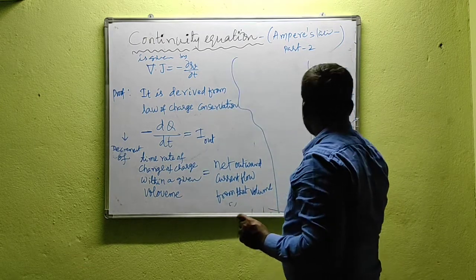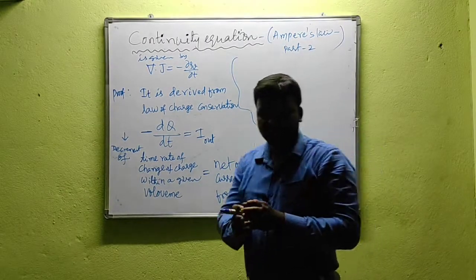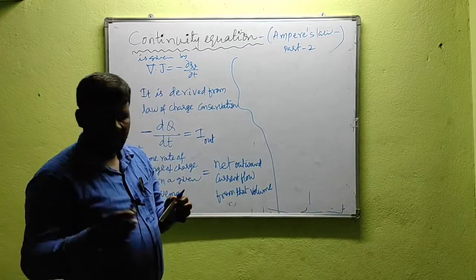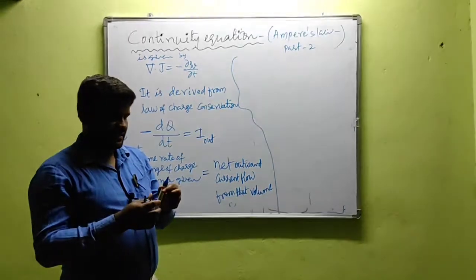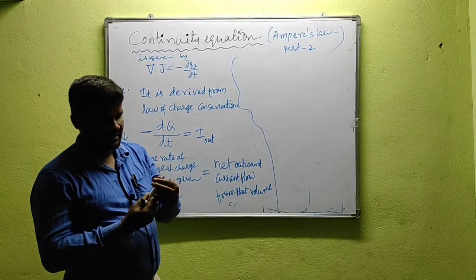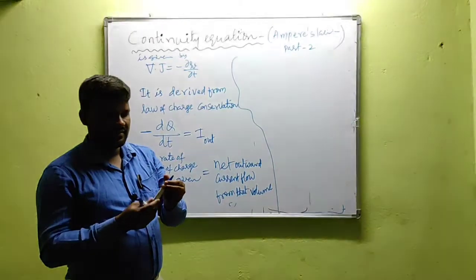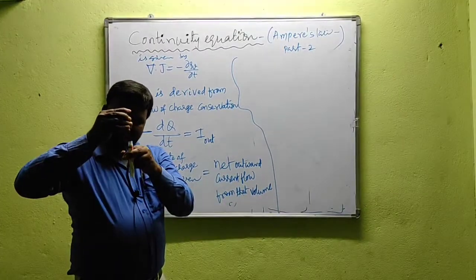Now I will explain this with an example. Let us assume this ink is charge. I will pour ink out of this marker like this.